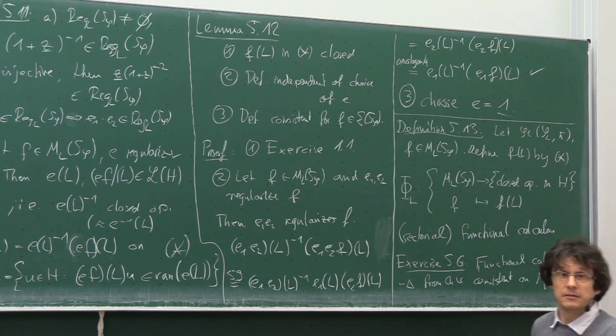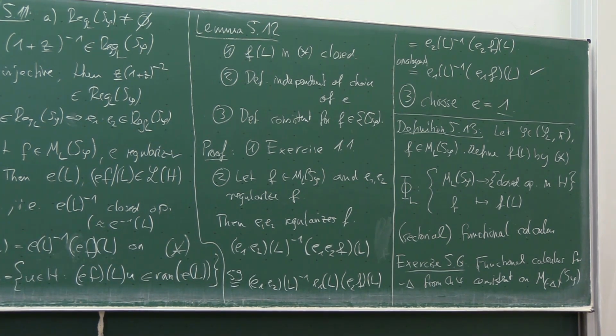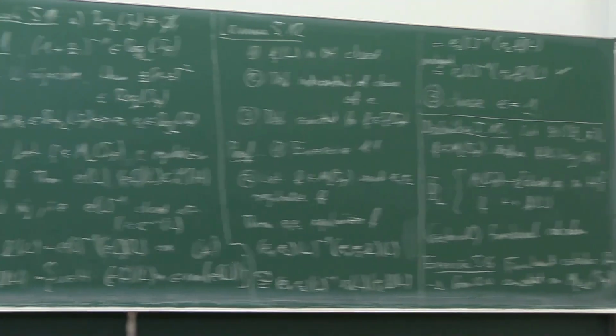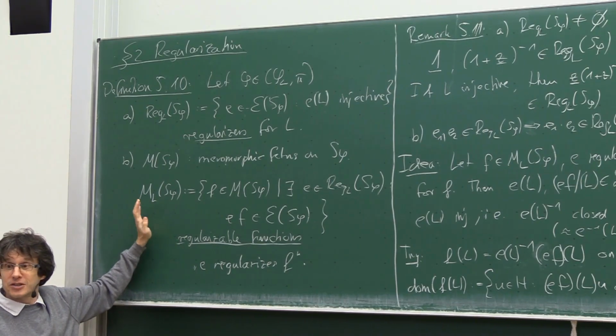Whatever that is. So at the moment, for sure, this is one of the feeble points of this extension. We do not really know how big this class is, because we do not really know how big this class of regularizable functions is at the moment. For sure, it contains the Dunford-Rees class, just by taking the regularizer 1, but the question is, are there more?